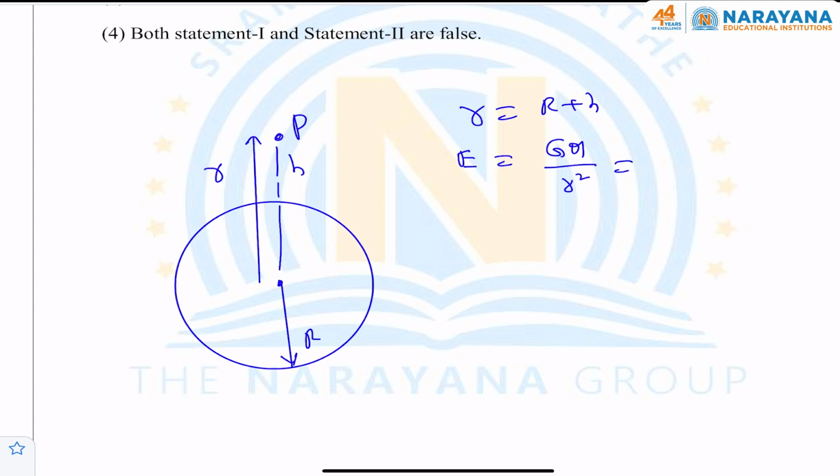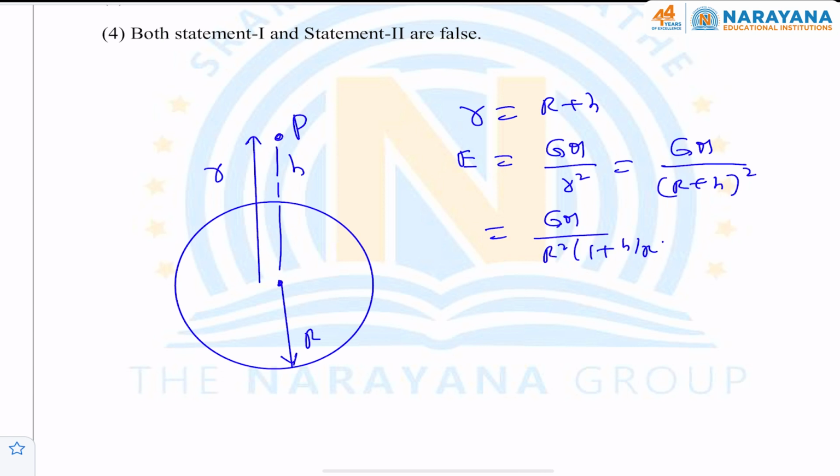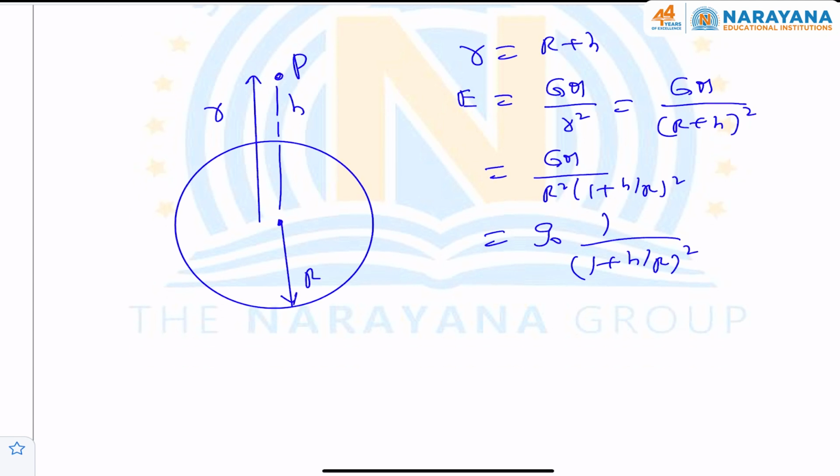It can be rewritten as GM by R plus h whole square, taking capital R common: GM by R square into 1 plus h by R whole square. GM by R square is g naught, the value of acceleration due to gravity on the surface of Earth. Now for small values of h, by using binomial expansion, this can be written as, assuming this as g.